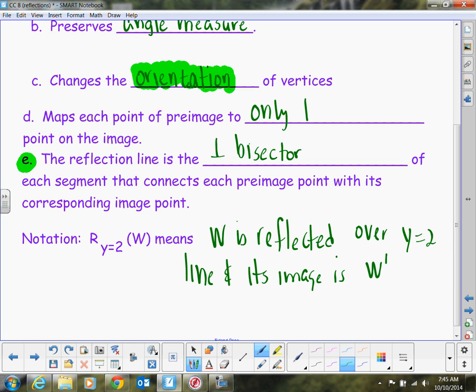That means that's what's being reflected. I could do R of x equals 1, and in parentheses I could have triangle ABC. What does that mean? That means reflect triangle ABC over line x equals 1. This was just a point.